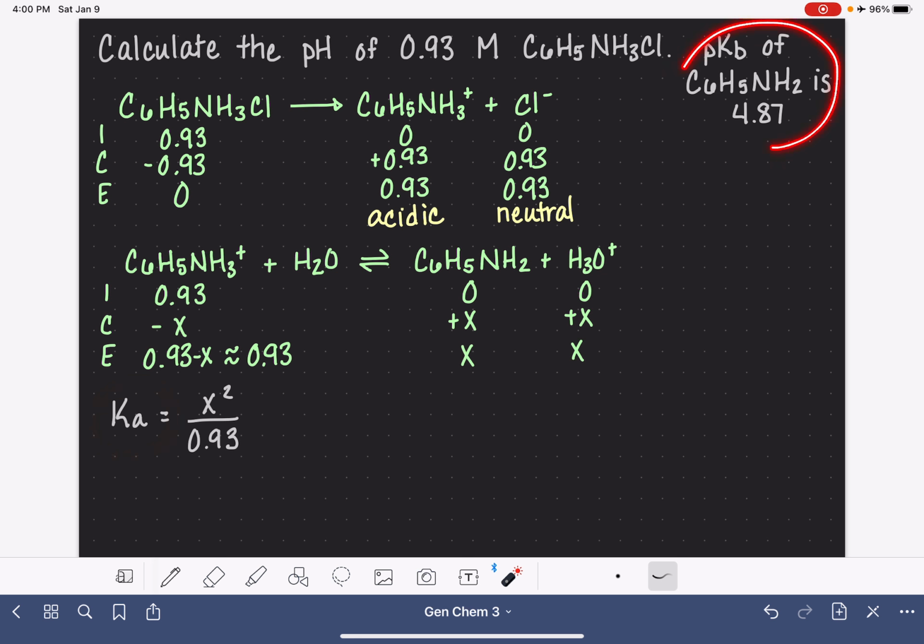We were given the pKb. You might not be familiar with the concept of pKb. pKb and pKa are kind of like pH or pOH. So the pKb is going to be the negative log of the Kb, just like pOH is the negative log of OH. pKa would be the negative log of the Ka.